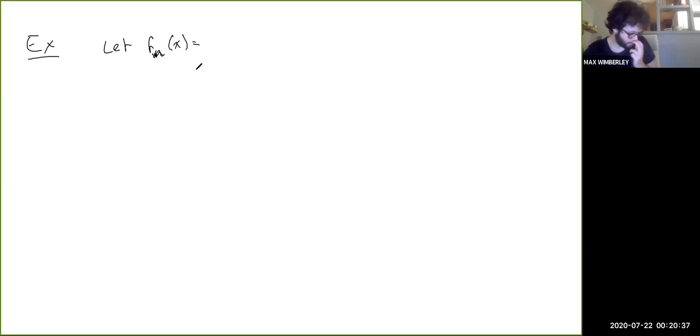On the other hand, let's look at another sequence. f_n of x equals n squared x to the n times 1 minus x, for x in the closed interval 0, 1.